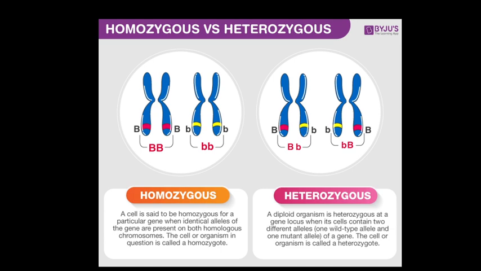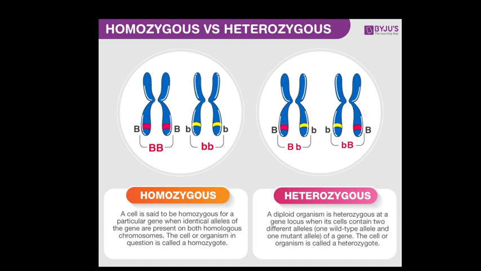The true breeding red capital R and true breeding white small r plants are examples of homozygous. If the two members of an allele pair are unlike, the individual is said to be heterozygous. It means the red flower plants, capital R small r, of the F1 generation are heterozygotes.